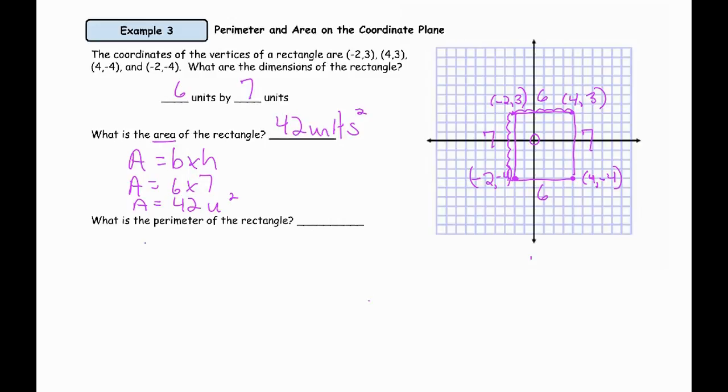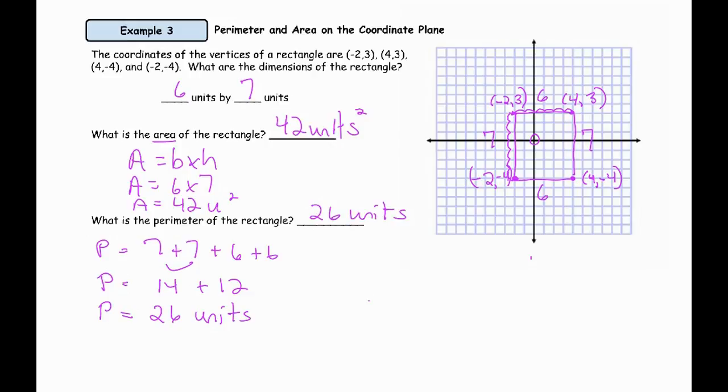So we have 7 plus 7 plus 6 plus 6, and that's going to get us our perimeter. We are actually adding 14 plus 12, and our perimeter is 26 units. So we have now found both the area and the perimeter of the rectangle.